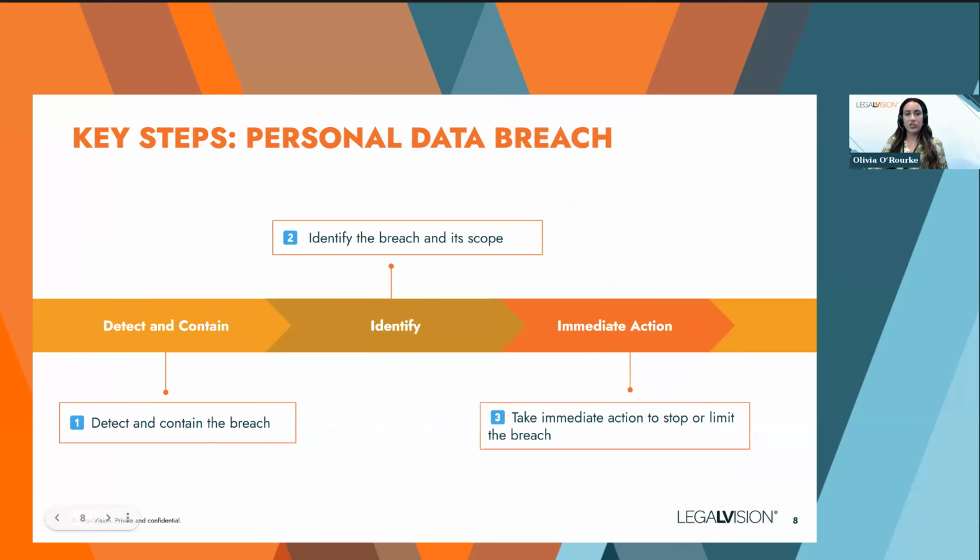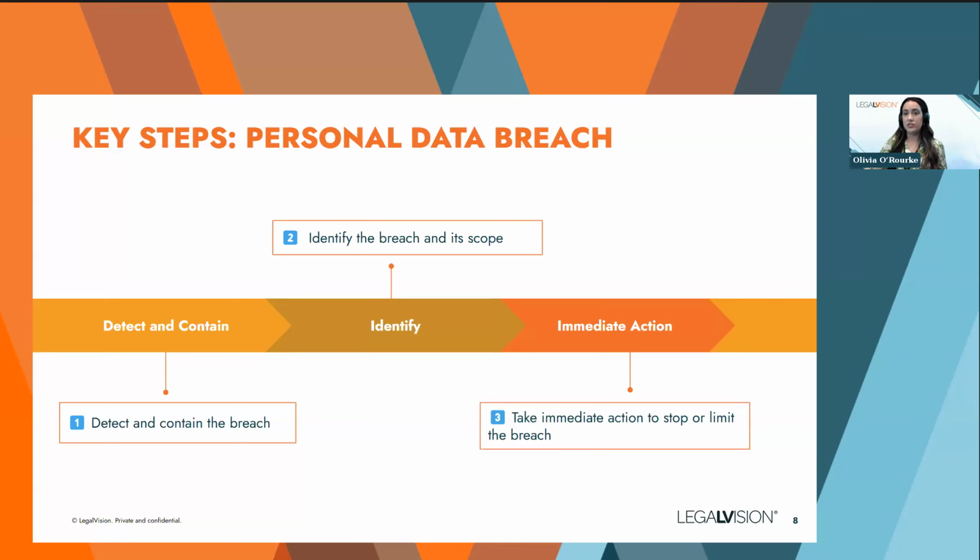So in terms of what would happen if you discover a personal data breach, the key steps to dealing with a personal data breach will often meld into each other, as you'll be doing certain things at the same time. But certainly the key steps include firstly to detect and contain the breach. So once you detect what's happened, it's then looking to contain the breach, stop it from occurring if it's an ongoing breach.